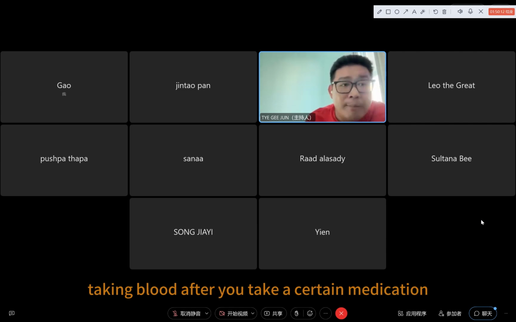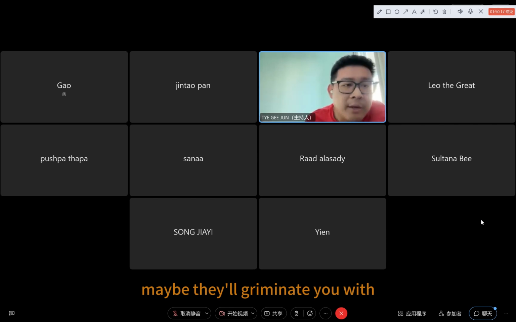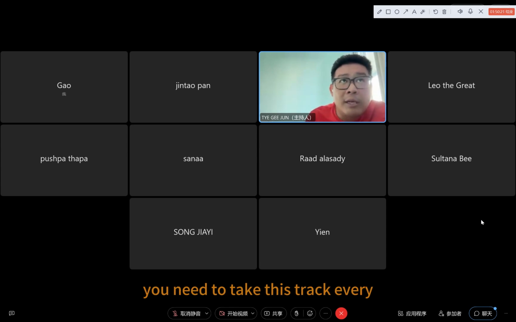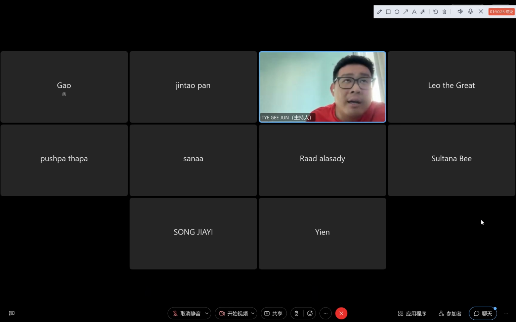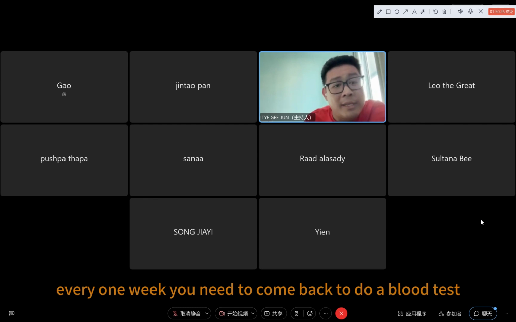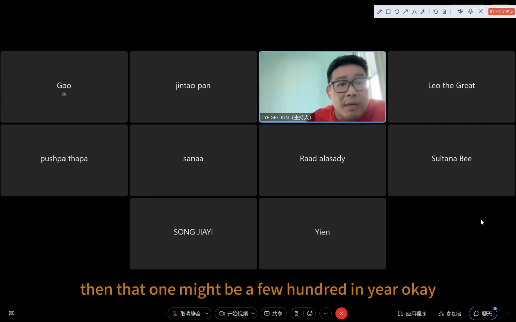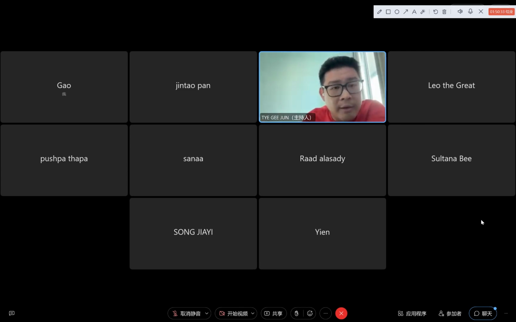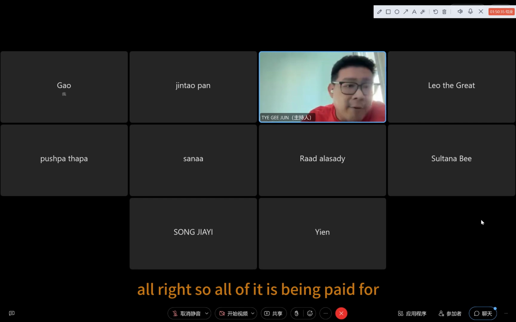If it's just taking blood after you take a certain medication, maybe they'll remunerate you with 100 ringgit, 200 ringgit. But if you need to take this drug every 1 week and come back to do a blood test, then that might be a few hundred ringgit. It's the same in Malaysia, and in other countries as well. So all of it is being paid for.